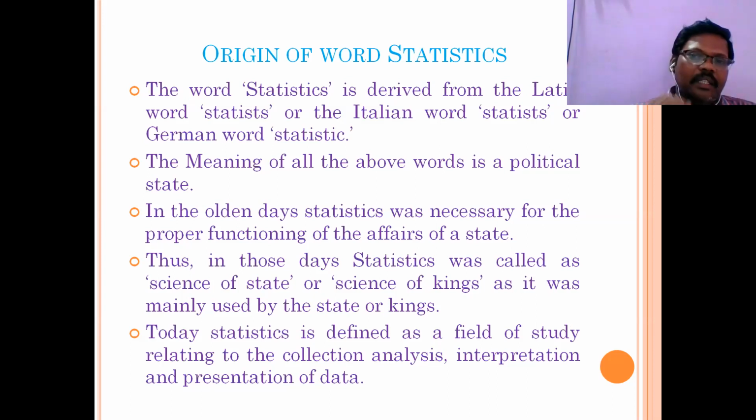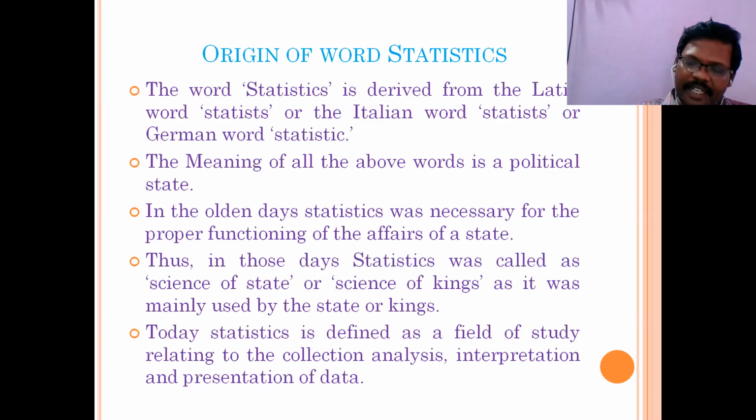Like that, how was the subject statistics derived? The word statistics is derived from the Latin word. Please remember: Latin, Italian and German words. This word was derived from various languages.